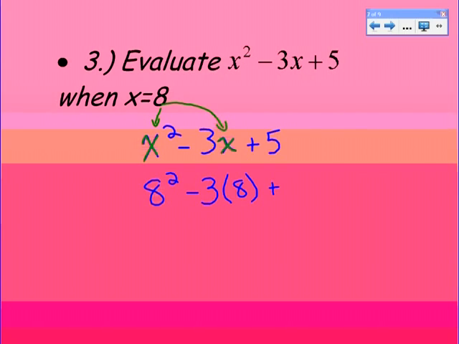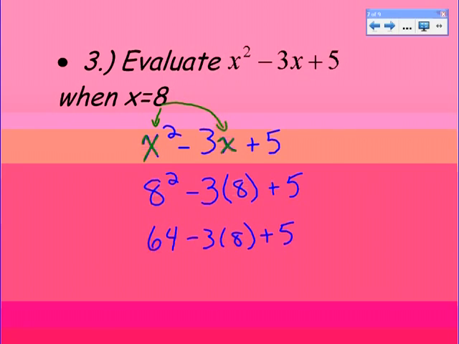plus 5. Now, order of operations says parentheses first. We don't really have any because the only ones that we have are multiplication. Next comes exponents. So 8 squared, we get 64 minus 3 times 8 plus 5. Okay, parentheses gone, exponents gone. Next is multiply or divide from left to right.